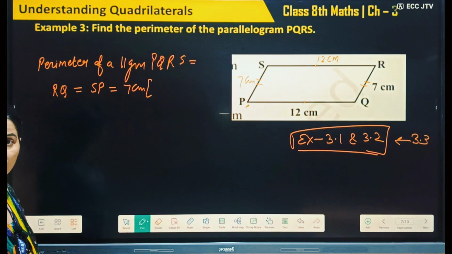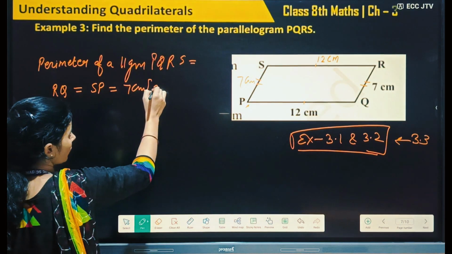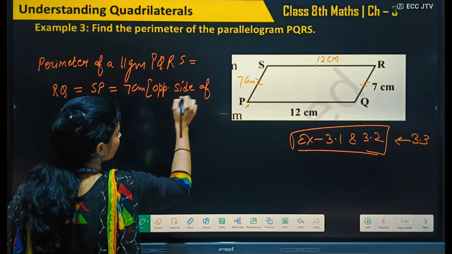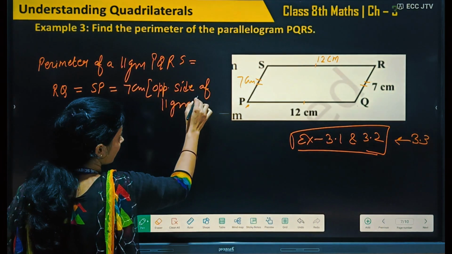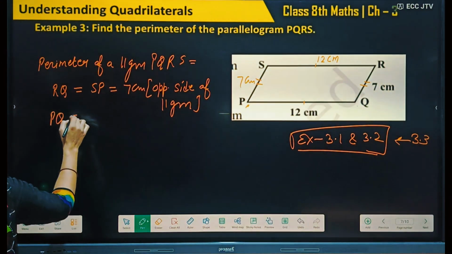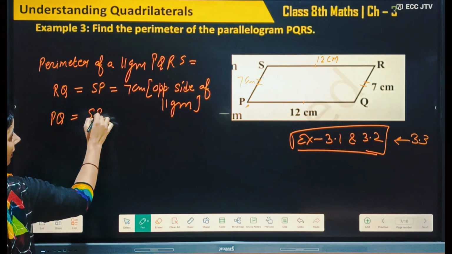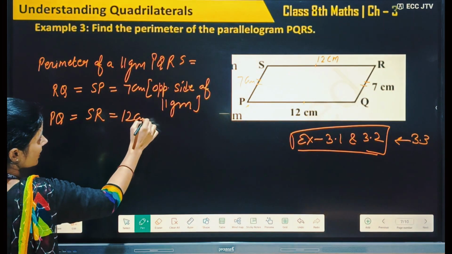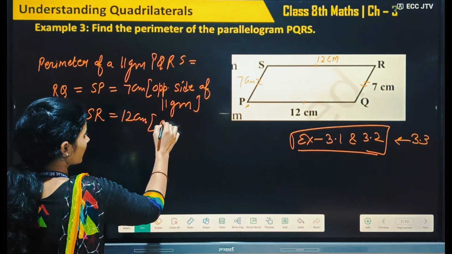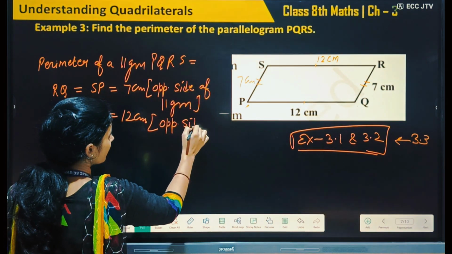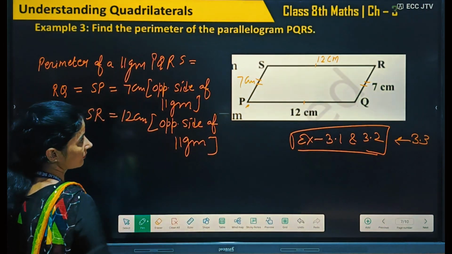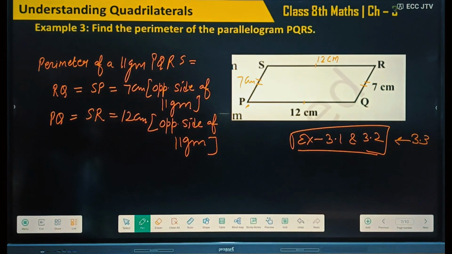The reason is opposite sides of a parallelogram are equal. Next, PQ equals SR equals 12 centimeter, with the same reason: opposite sides of a parallelogram are equal.